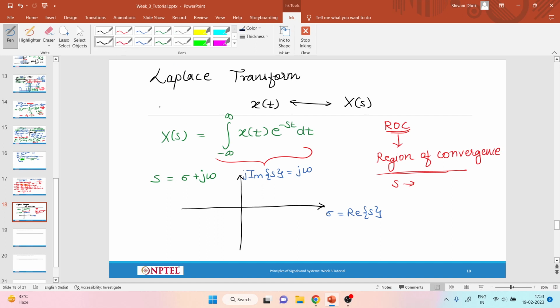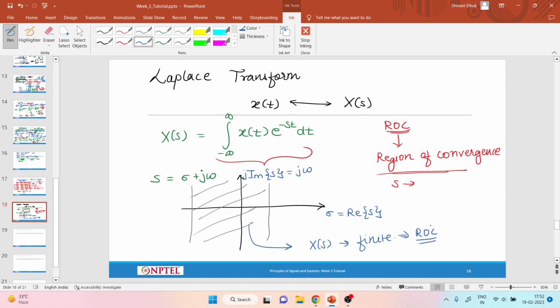Suppose my Laplace transform exists in this region only, and these lines, these extremes, are not included. If this x of s is finite in this region, then this region is known as your region of convergence.